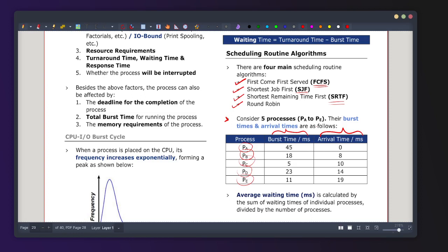Is that clear? So I'm just going to start off with 5 processes that are going to come to the ready queue and are going to be taken into the CPU. We will look at how these 4 algorithms treat these 5 processes differently.